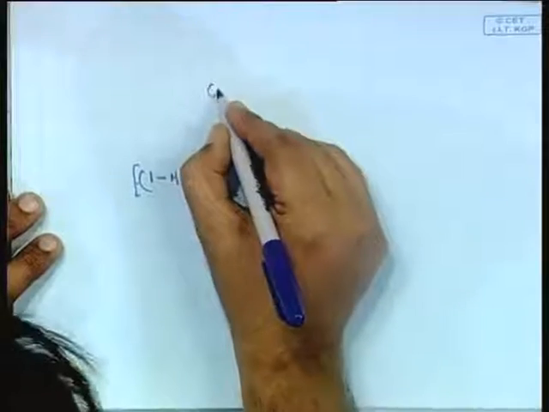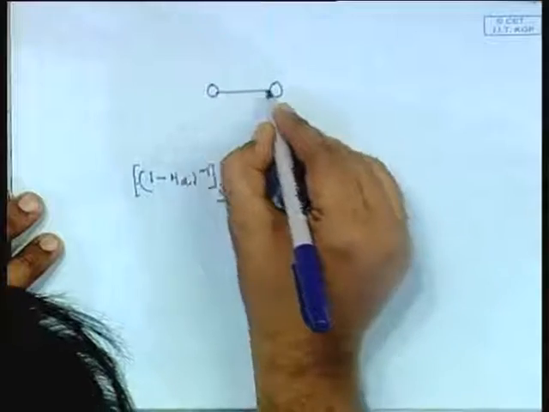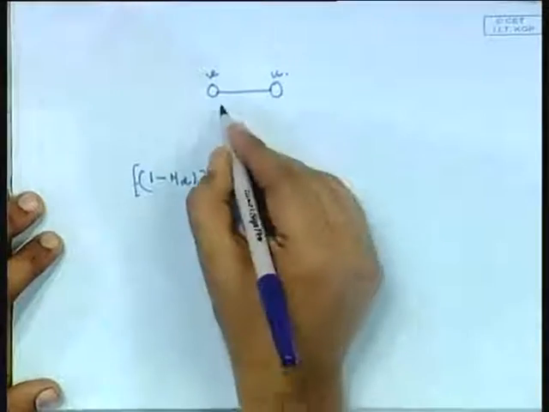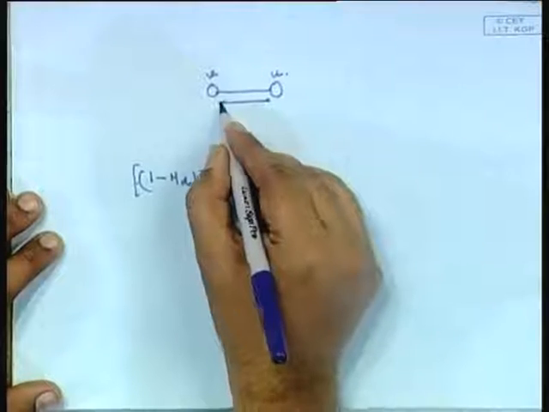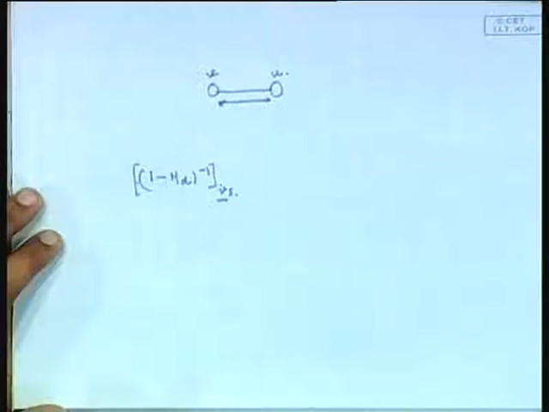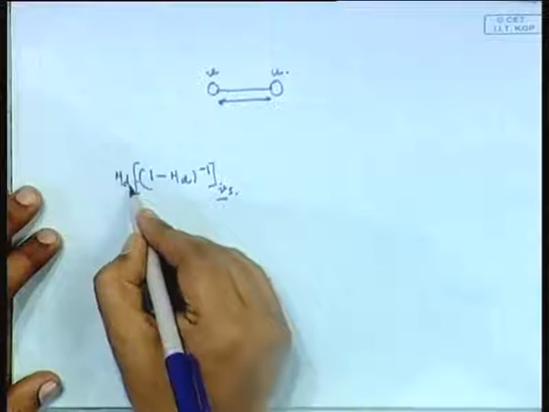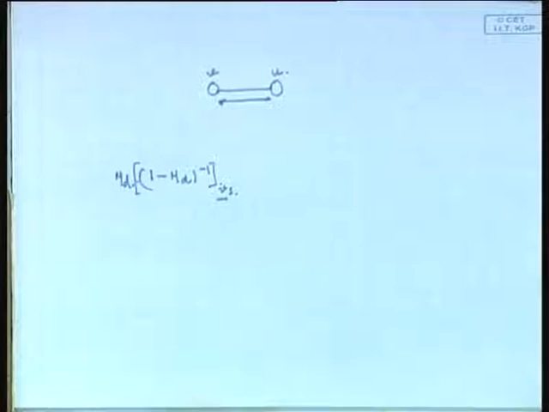Now, consider that this is V and this is U, and this is the edge V U. It should be MD divided by 1 minus MD, because MD should be common. MD into, MD should be here.